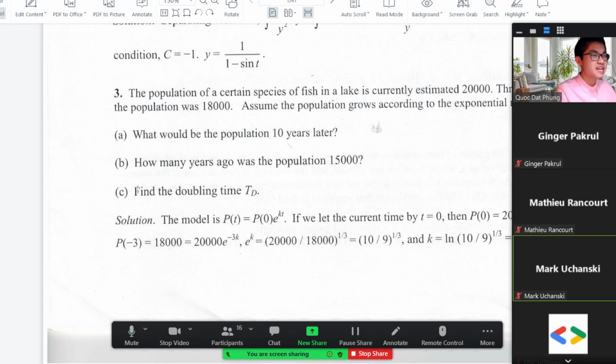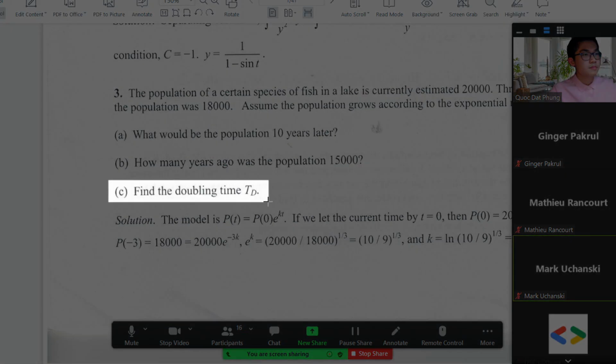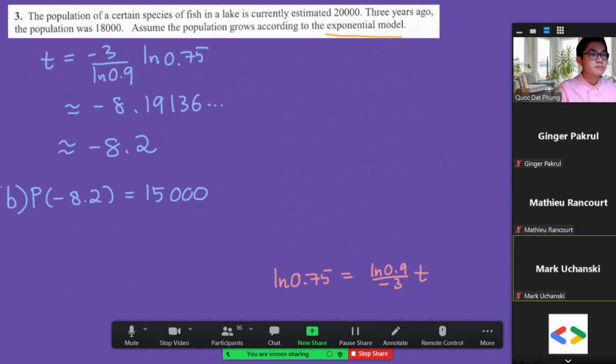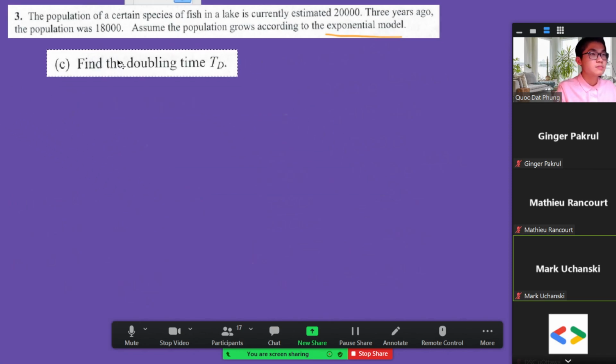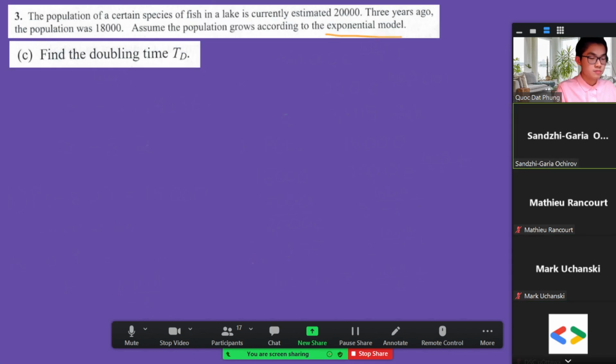Now, question C says, find the doubling time TD. Let me copy that. What does doubling time mean?